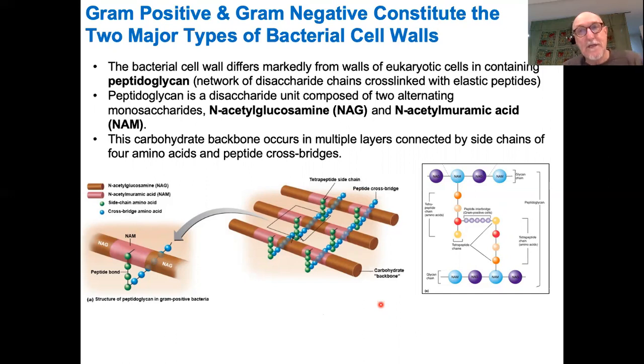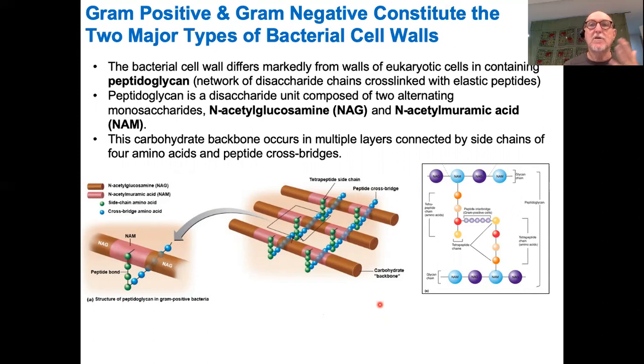I don't need you to pay a lot of attention to the biochemistry of the peptidoglycan, but I just want you to understand that it's capable of forming polymer, which is extremely strong. But it is the way in which those polymers are put together that becomes very important and very distinctive.